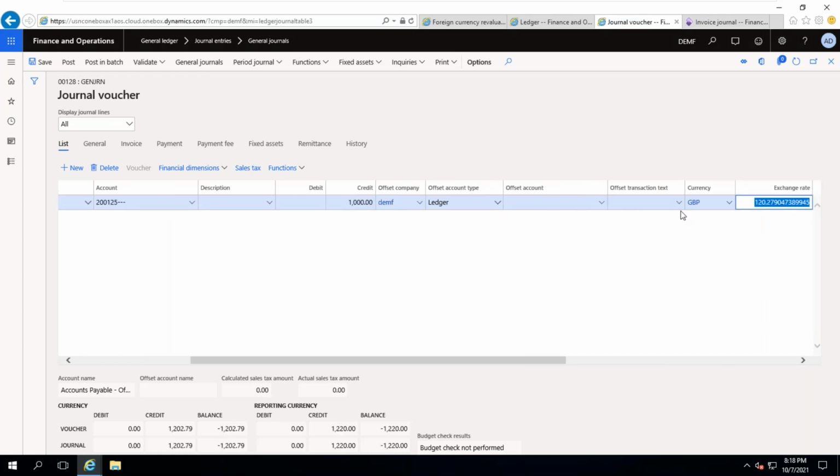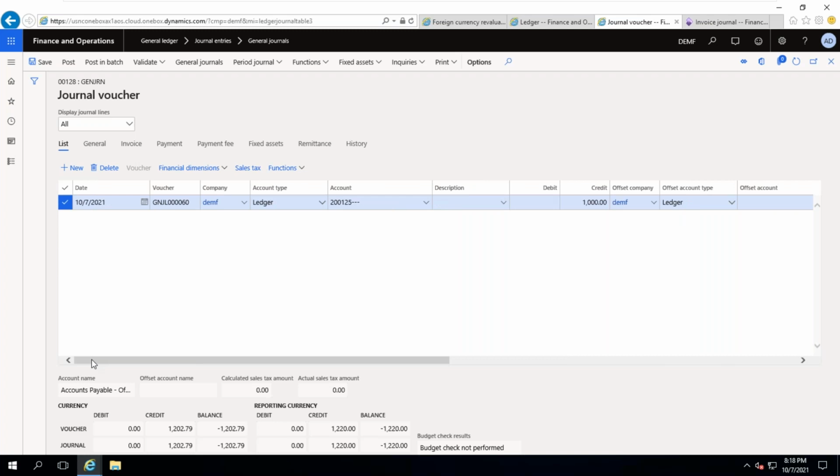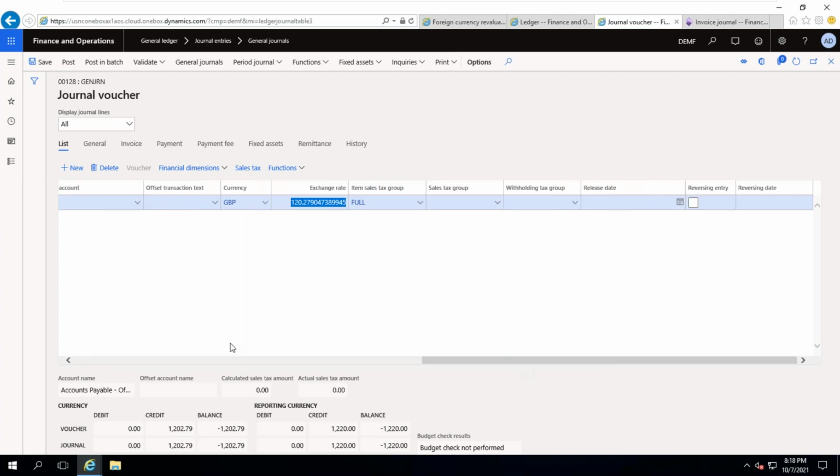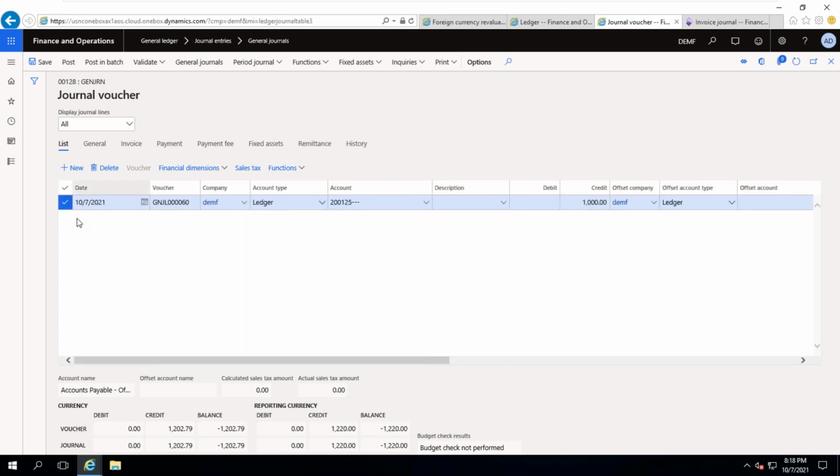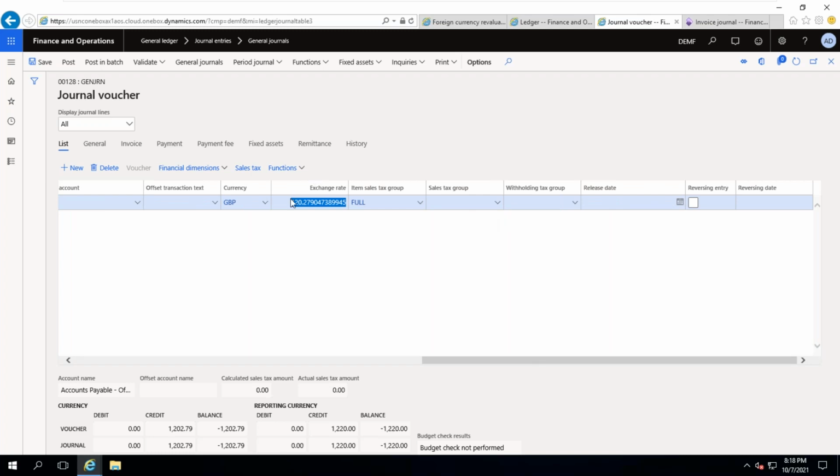Suppose this is 1000 GBP given to the employee, and after 1 month, he gives back the same 1000 GBP. In the month of October, the exchange rate is different, and in the month of November, while doing settlement against this 1000 GBP, it is a different exchange rate.